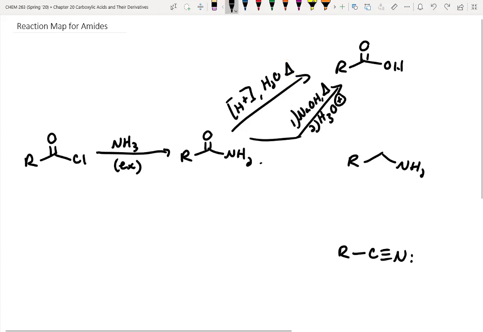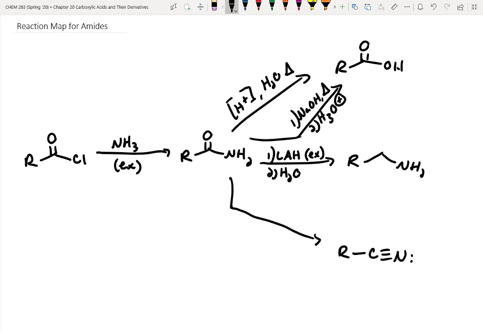And if we want to form a primary amine, in this case, we need to do a reduction reaction. So we're going to use LAH in excess, followed by some sort of proton transfer. It could be aqueous acid, or just water. And then the last one that we'll see in our next video is how to convert an amide to a nitrile. This is actually done using SOCl2. That's our thionyl chloride reagent.